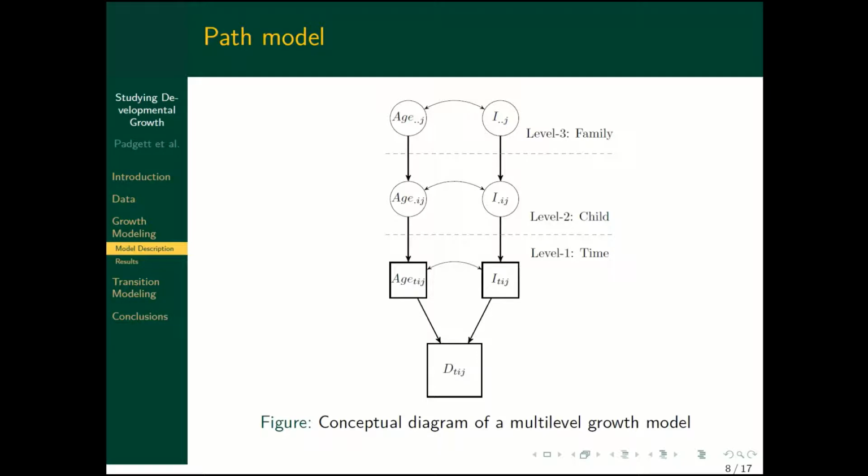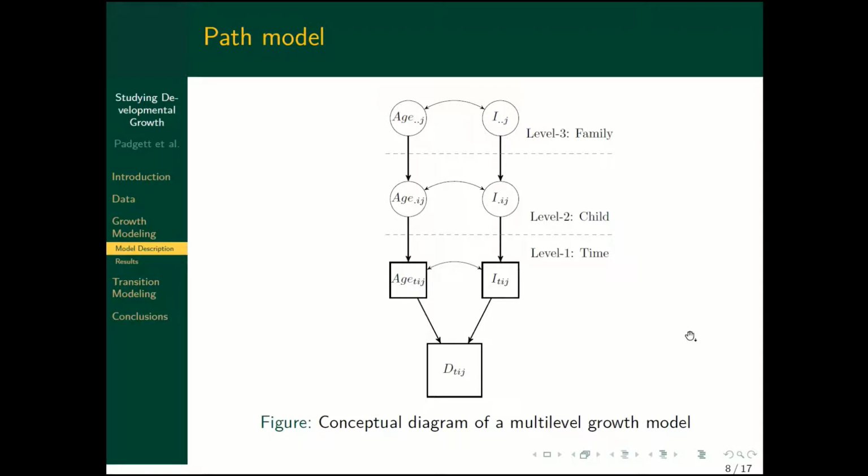And so as we go down the hierarchy, we see that family influences child or youth, which influences time. And so differences between time are a measure of how the depression score manifests at each time point. So this allows us a nice hierarchy of where an influence occurs.